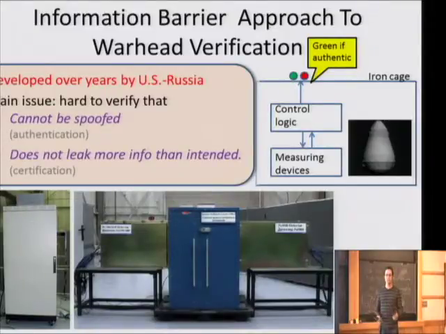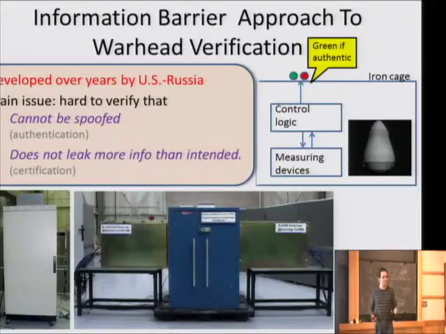One property is that you cannot spoof it. You cannot put inside a coffee maker, or more realistically, a weapon where you replace the military-grade plutonium with lower quality plutonium, and it will still output a green light. And the second thing is it does not leak more information than intended. Maybe the green light, if you actually look at it, blinks in Morse code the secret design information.